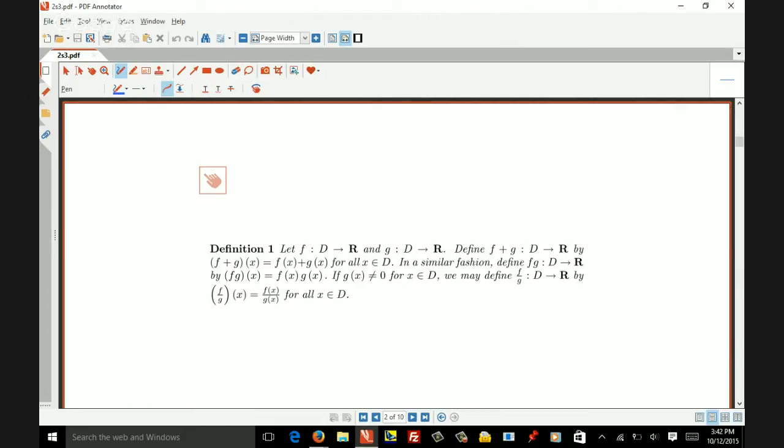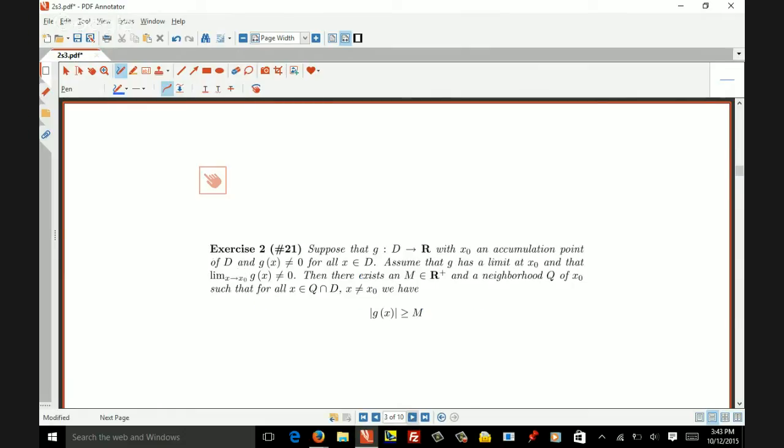It says let f take D to R and g take D to R. Define f plus g to be f of x plus g of x, f times g is f of x times g of x, f divided by g to be f of x over g of x, for all x in D where g of x is not equal to 0. We've already done this before in limits, in sequences.